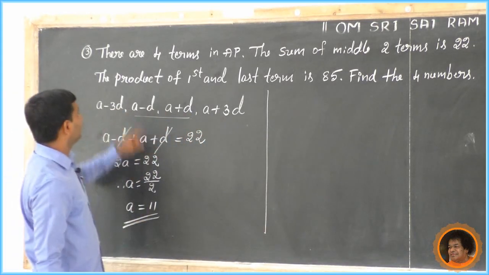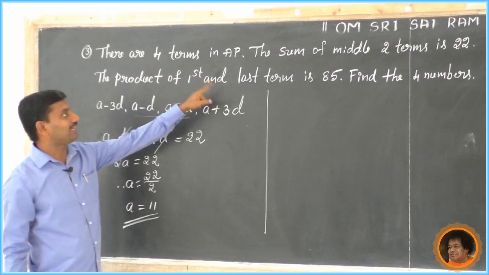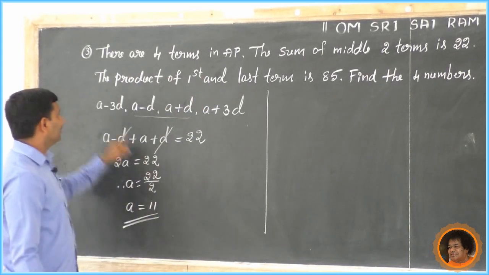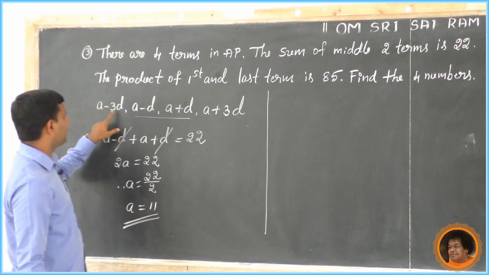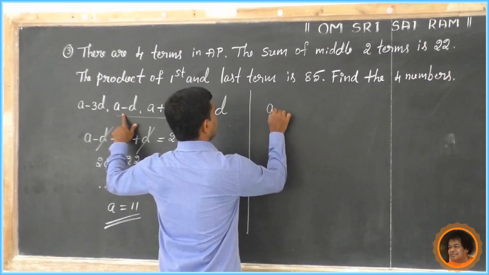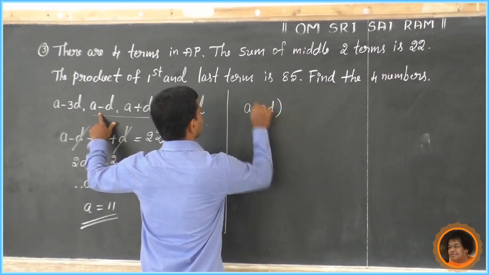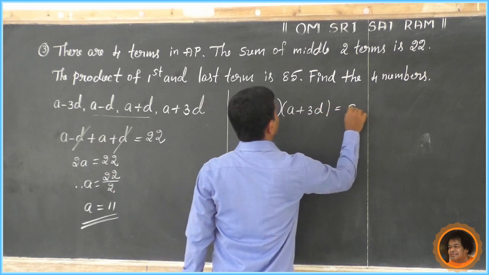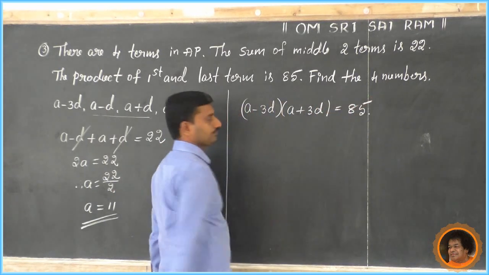So what is the next condition? The product of the first and the last term is 85. Here the first term is a minus 3d and the last term is a plus 3d. So their product, a minus 3d into a plus 3d, is equal to 85.